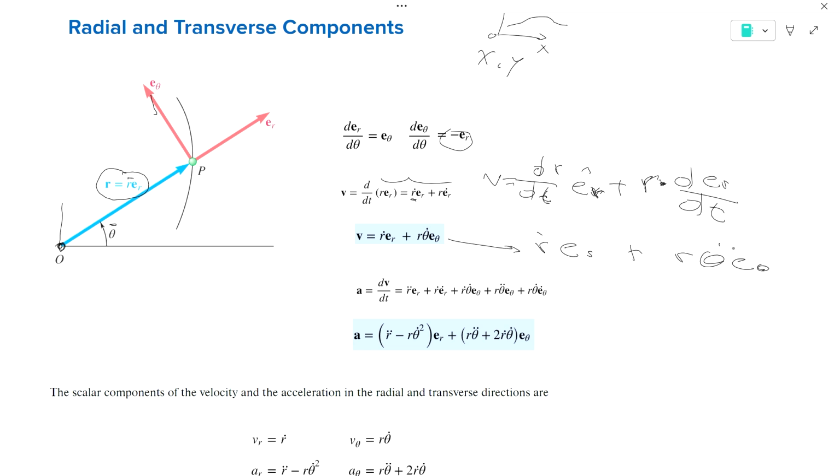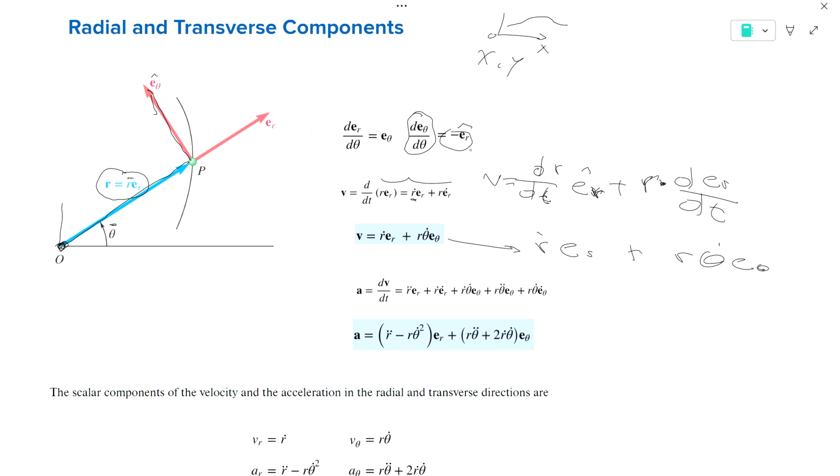Okay, because de_r/dt is the same as this guy, the change with respect to theta. How so? Well, because we are capturing the change of the position of the unit vector e_theta with respect to theta, but in relationship with the distance to O. So this value gives you the unit vector e_r.